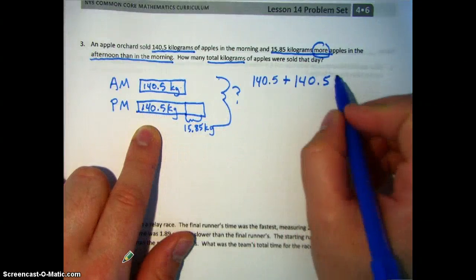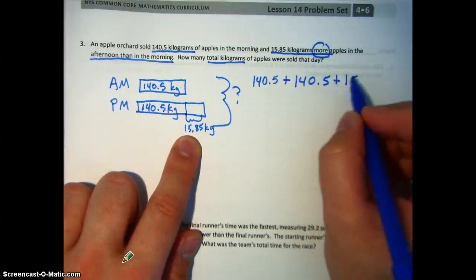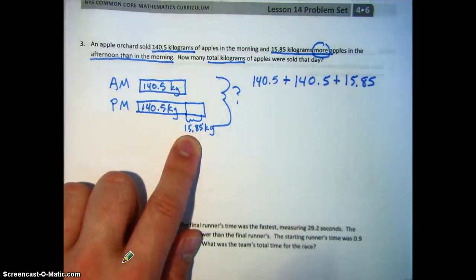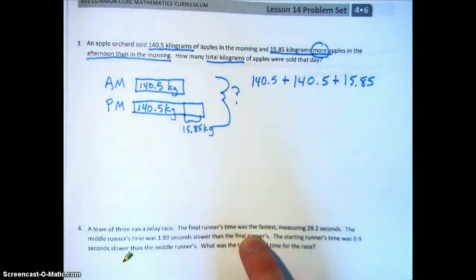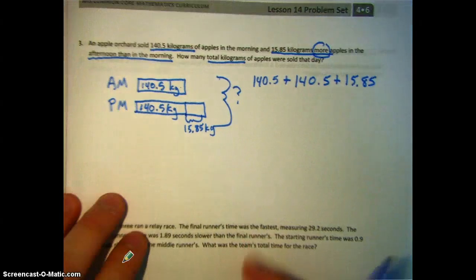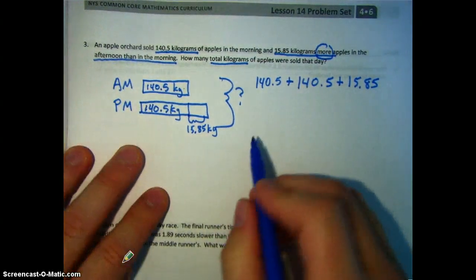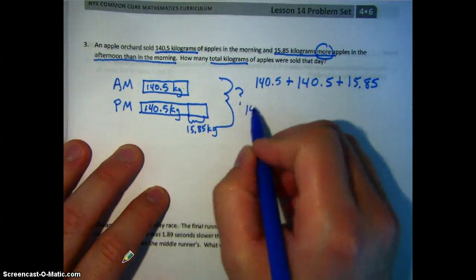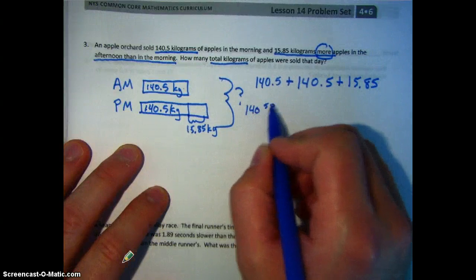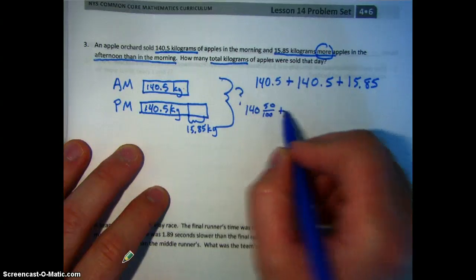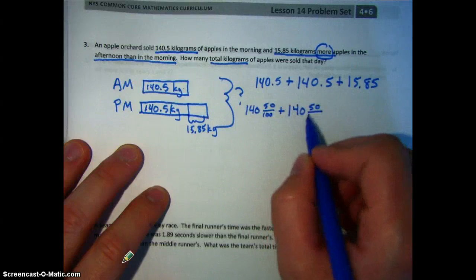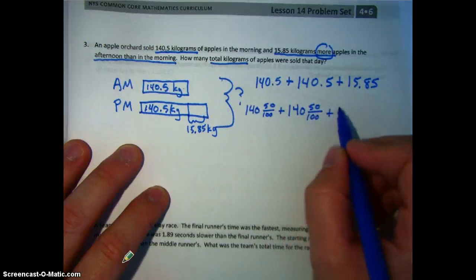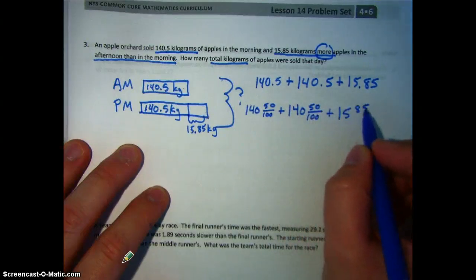Okay, but we have a little bit more, so we have to add also the 15 and 85 hundredths kilograms. So now again, a couple different ways we can solve this. So we have 140 and 50 hundredths plus 140 and 50 hundredths plus 15 and 85 hundredths.